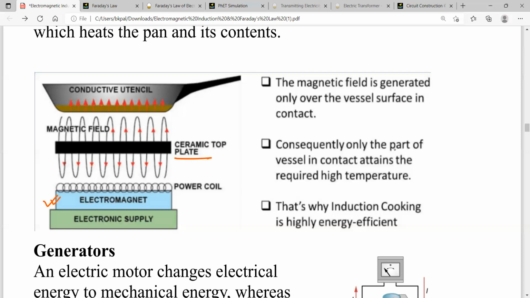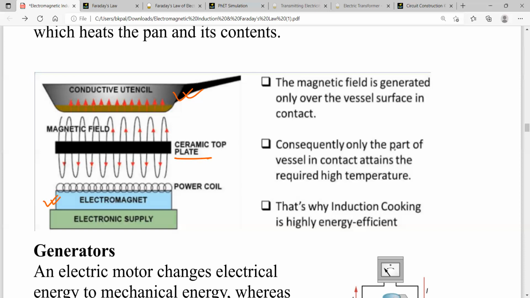If it changes 60 times in 1 second, that means there is a change in magnetic field. And we already know that if there is a loop or some circuit, it can induce some EMF. Now, if we have a conducting pan, there will be some induced EMF and induced current in this conducting pan.